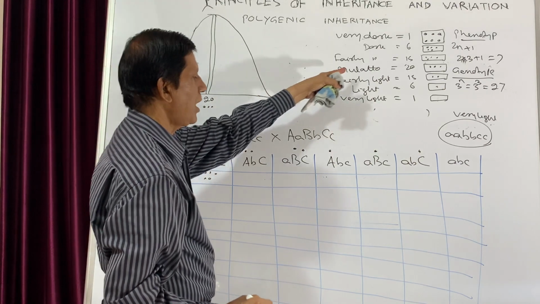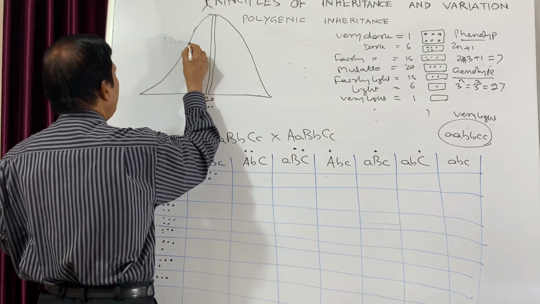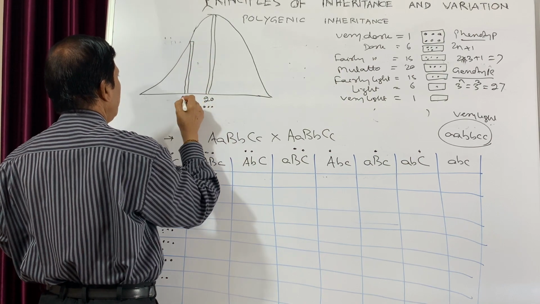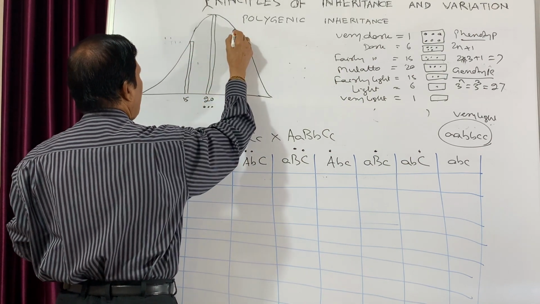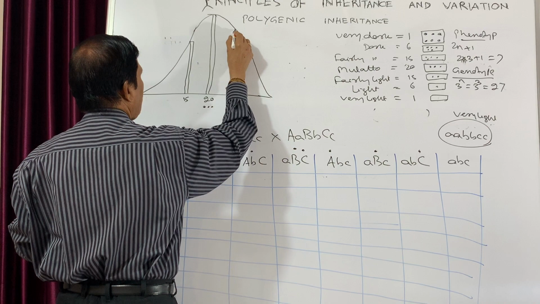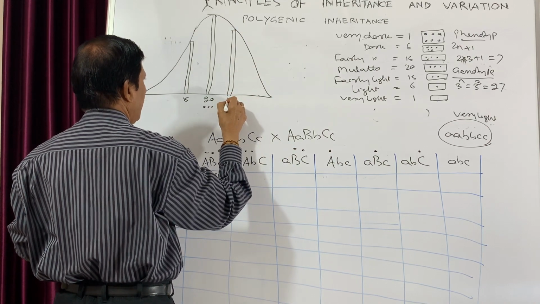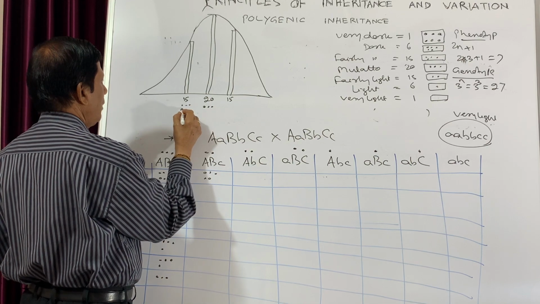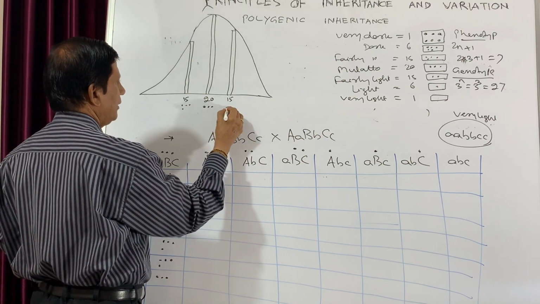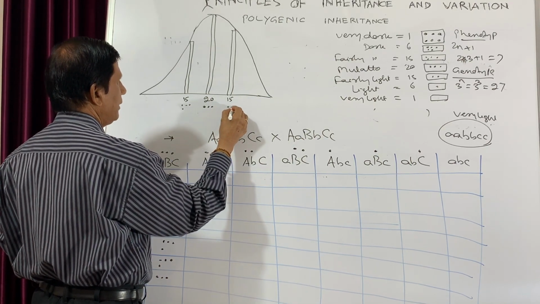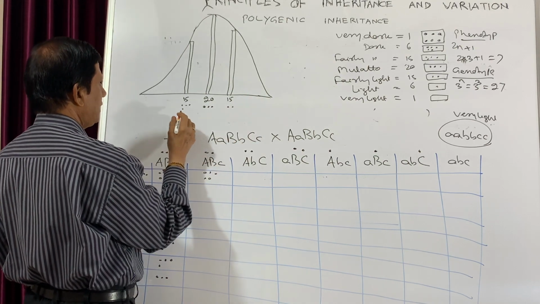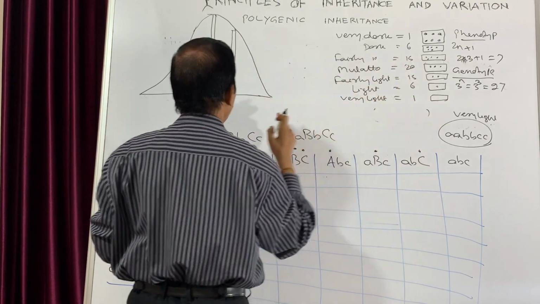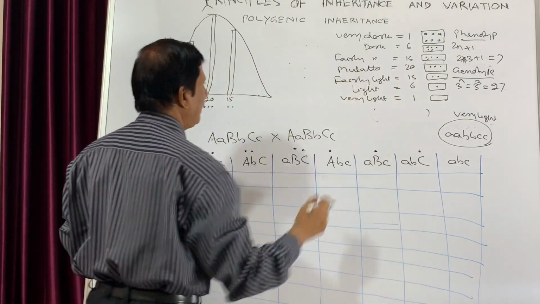That means this is the mulatto. Then on this side there will be 15, and on this side also 15. This side will have 4 dominant genes, and this side 2 dominant genes, because this side will be fairly dark. When 4 are there, fairly dark, and when 2 are there, fairly light.